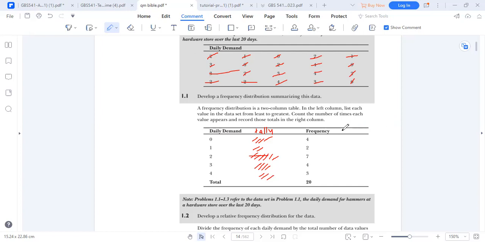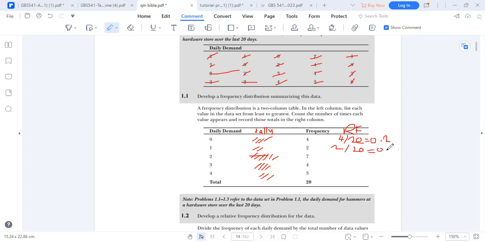Then if they ask you to find the relative frequency, RF, relative means out of the total, out of the 20. So this is 4 out of 20. You can leave it in decimal, which is 0.2. The 2 is simply 2 out of 20, which is 0.1.